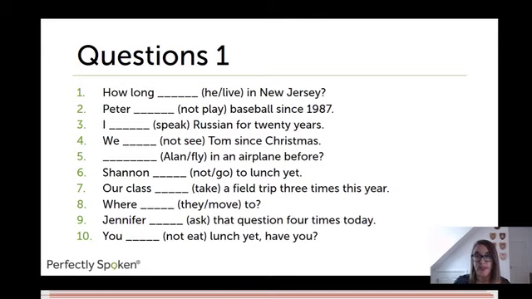Number 1. How long in New Jersey? So you need to use he and the verb to live. Number 2. Peter, baseball since 1987. Number 3. I, Russian for 20 years. Number 4. We, Tom, since Christmas. Number 5. In an aeroplane before.